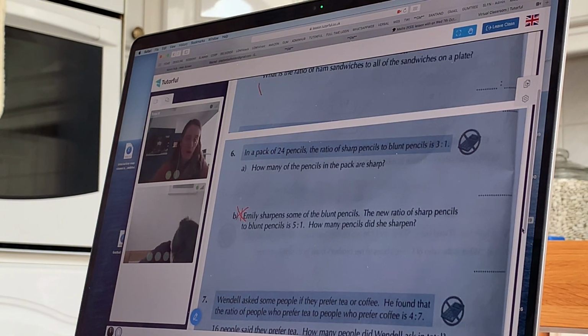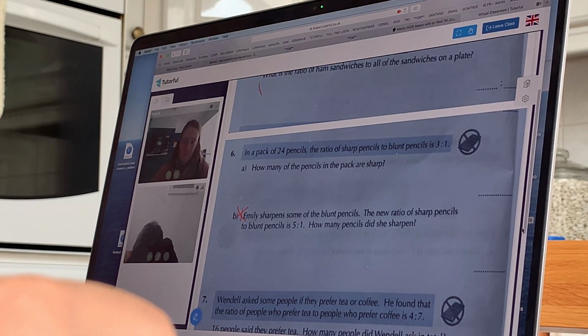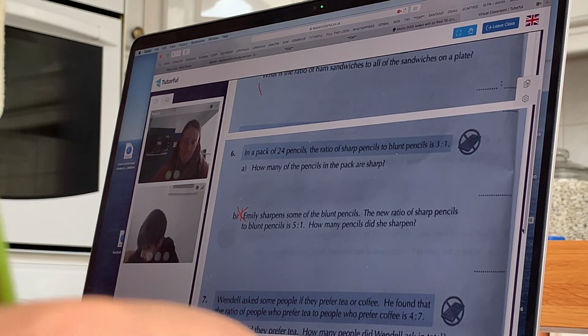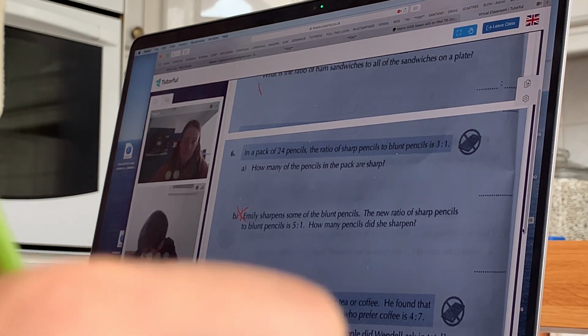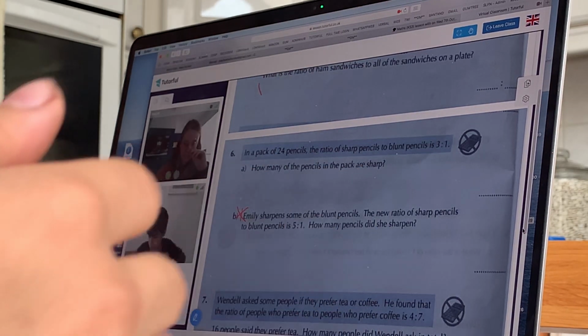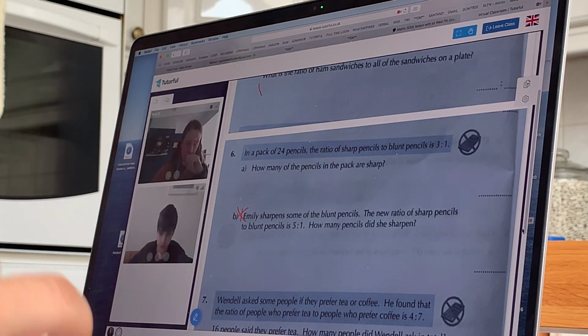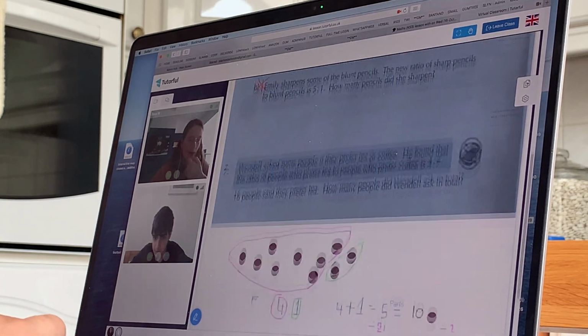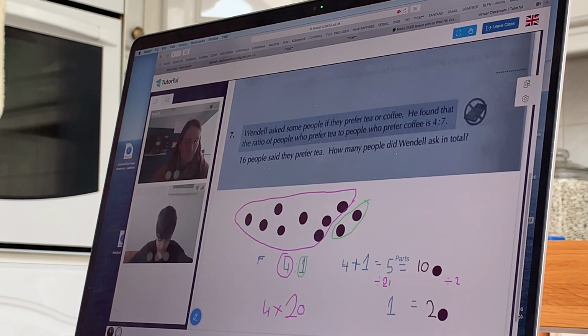Okay, one second. So how many parts do we have? We have 24 pencils, and the ratio is 3 to 1. So there would be 21 pencils.